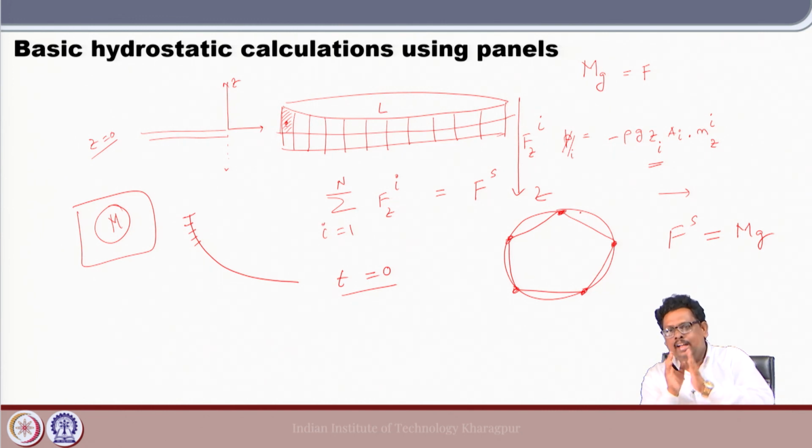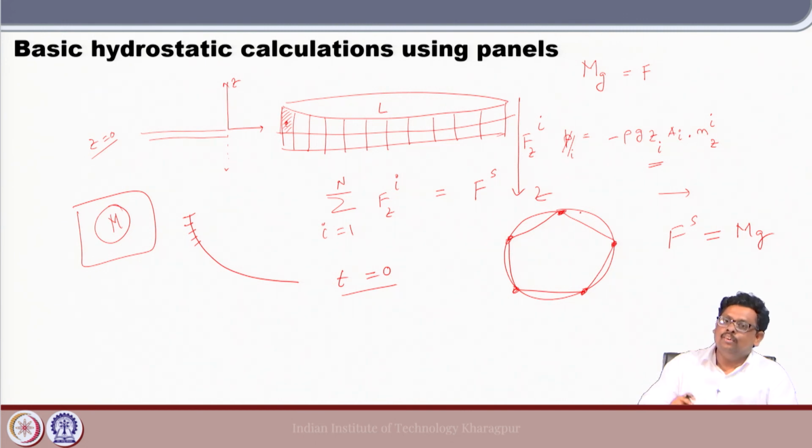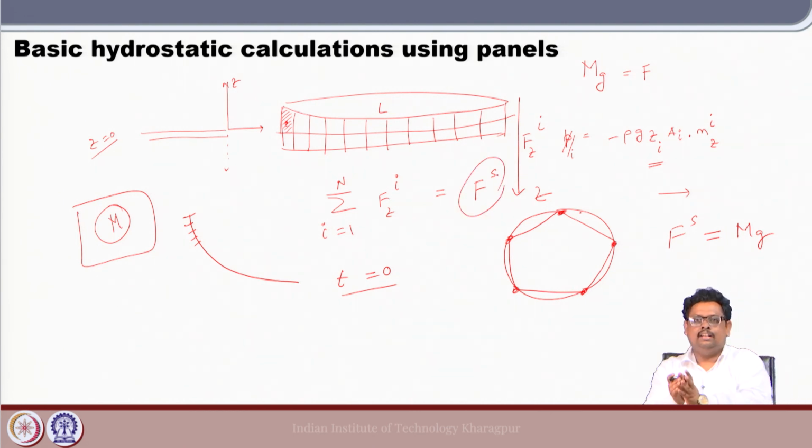So the idea is to do the static calculation, which is very easy: rho g z into the area of the panel multiplied by the normal component gives the static force on that panel. Add them up to get the total static force and match it with your input mass. If it is not equal, then do not go with the input value given by the design office; go with this hydrostatic component as your weight.